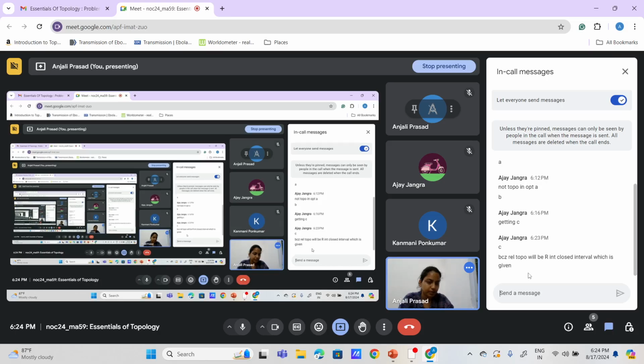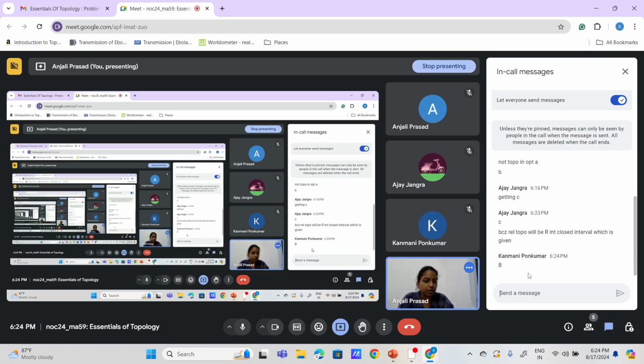They are saying option C because the relative topology will be R, interior and closed interval which is given. And you are saying option B. So which one is correct? Why are you saying C? It is not clear to me.